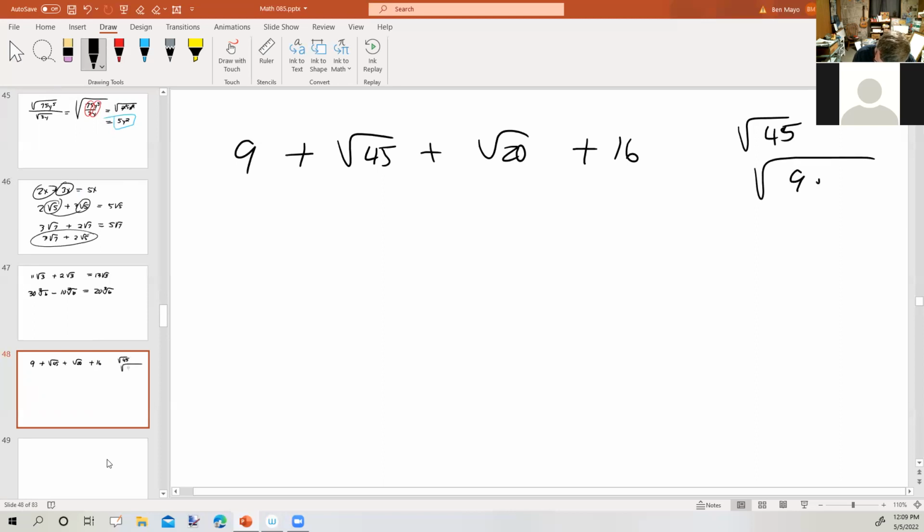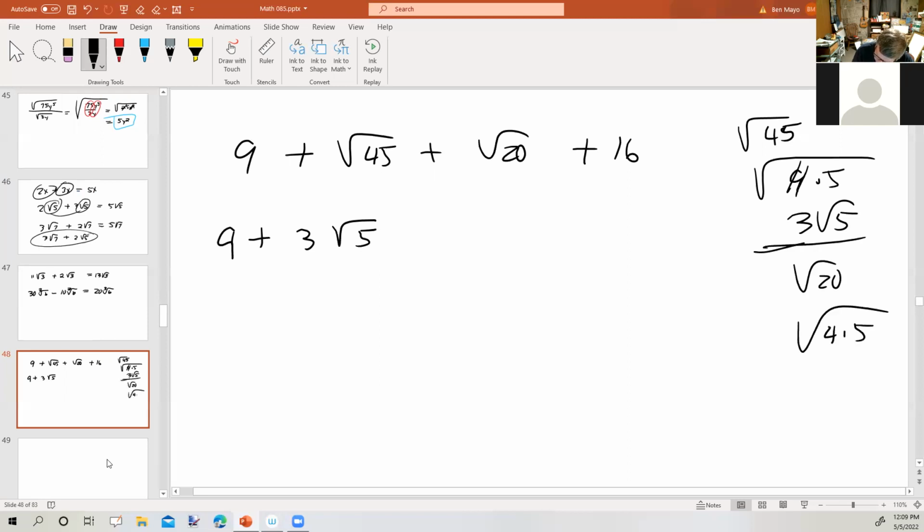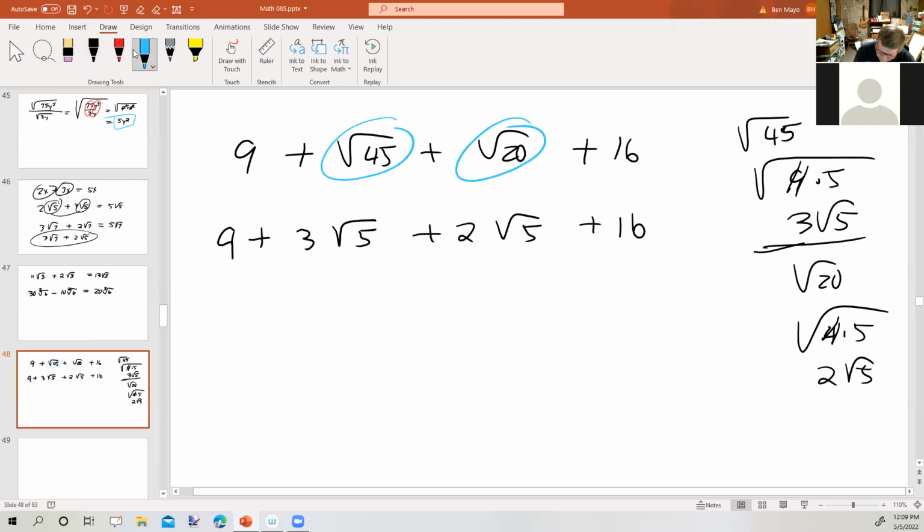That's the square root of 9 times 5, which would be 3 square roots of 5. Right? So the square root of 45 could be written as 3 square roots of 5. Yes. The square root of 20 is the square root of 4 times 5, which is 2 square roots of 5. So once we've simplified them, they are like radicals.